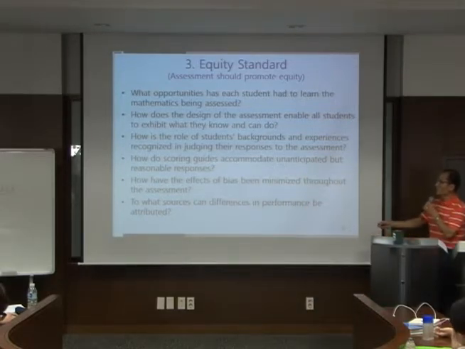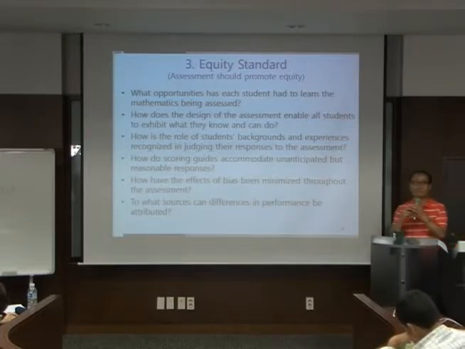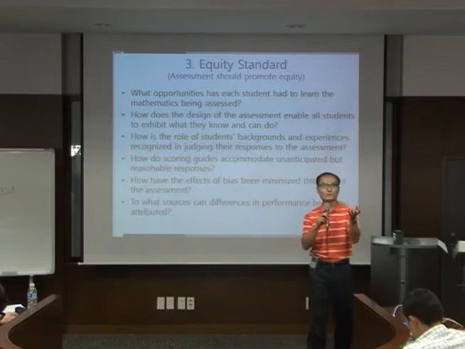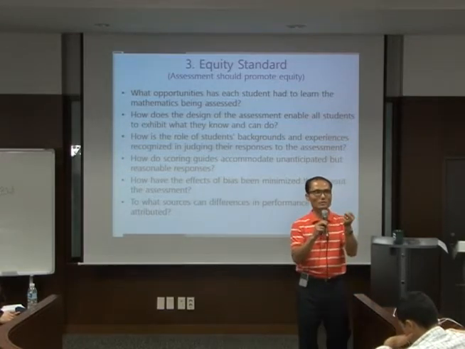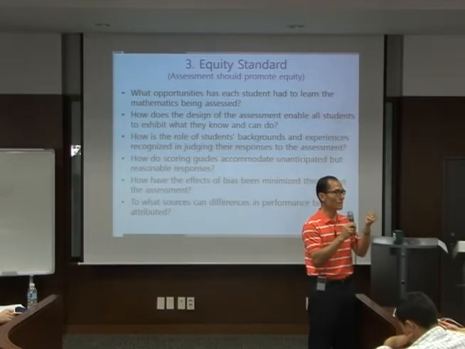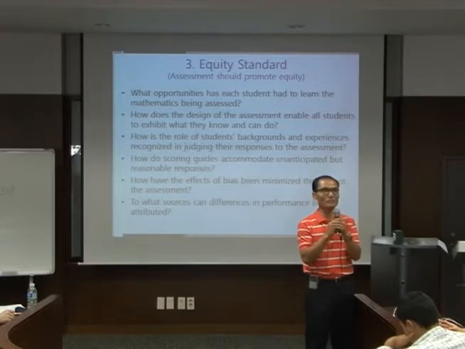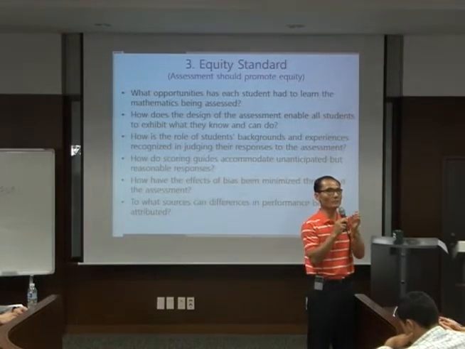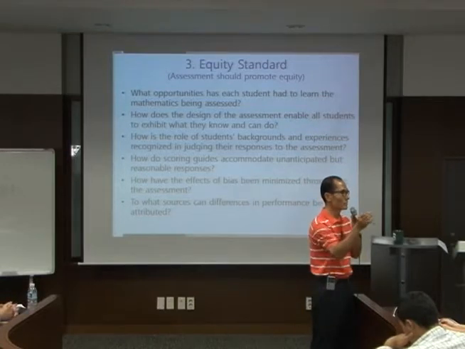To what source can differences in performance be attributed? The difference should really be related to student understanding and ability in mathematics. That's going to be a big question, right? You should ask it in your mind.